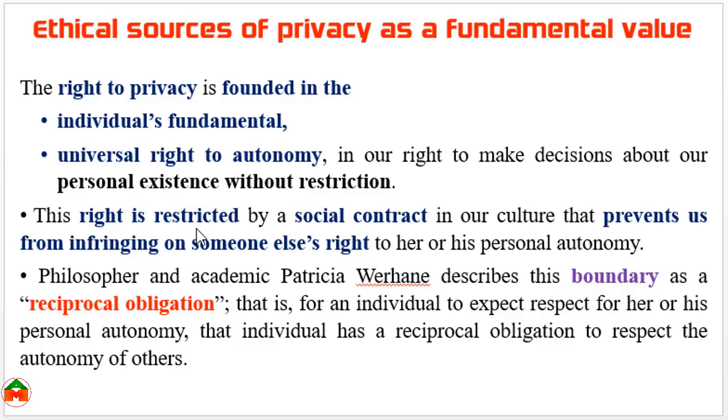The right is restricted by a social contract in our culture that prevents us from infringing on someone else's right. That means in considering the social contract, we should not infringe on someone else's right. And the sources of privacy arise from the reciprocal obligation.